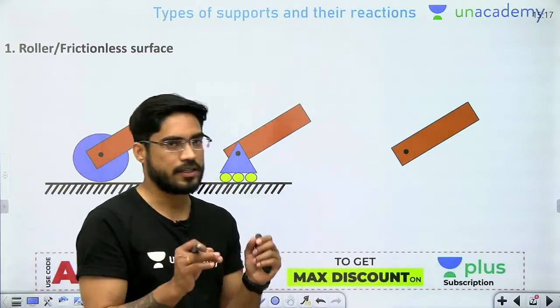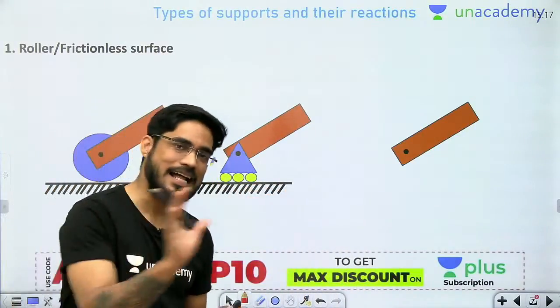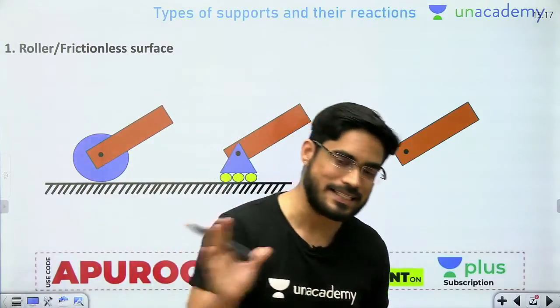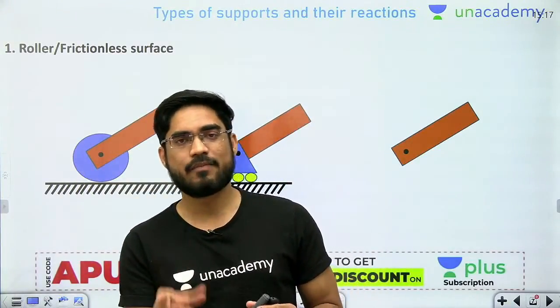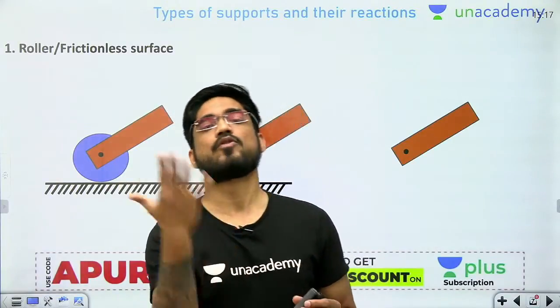If a support is restricting translation, अगर कोई सपोर्ट ट्रांसलेशन को रिस्ट्रिक्ट कर रहा है in any direction, then there will be a force in the opposite direction.